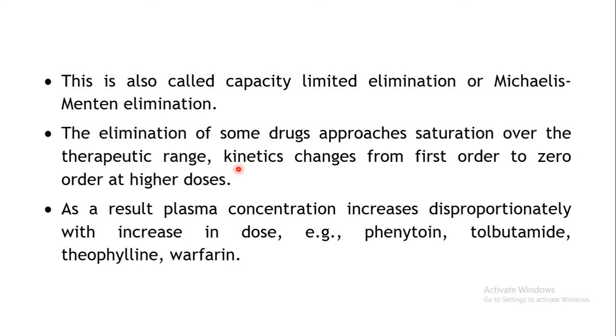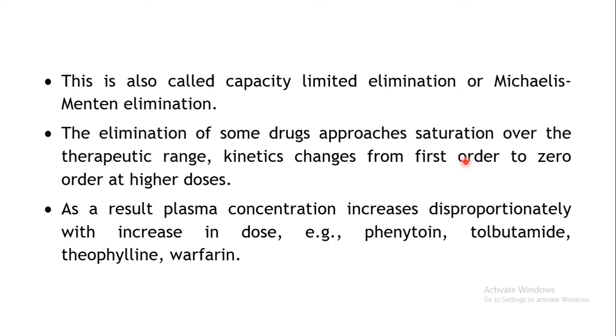Okay. Now in certain cases of drugs, the kinetics changes. Initially it may follow first order kinetics, that is, initially when you increase the concentration, the rate of elimination may increase, but later on a time will come when all the elimination processes will get saturated. So the metabolizing enzymes or the filtration rate will be saturated, right, so that it will remain constant.